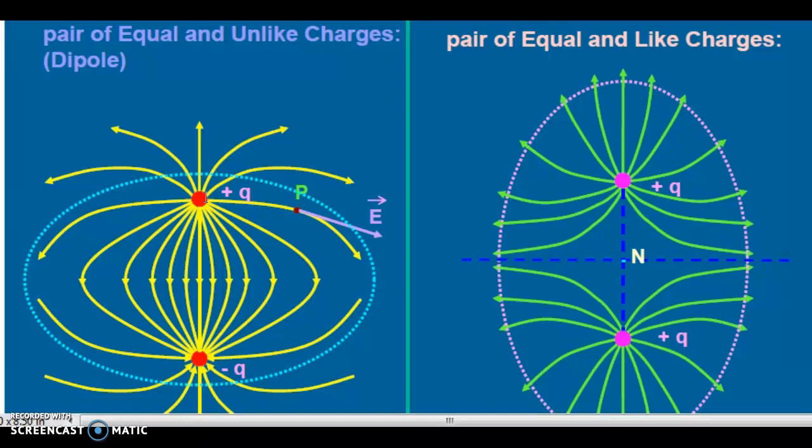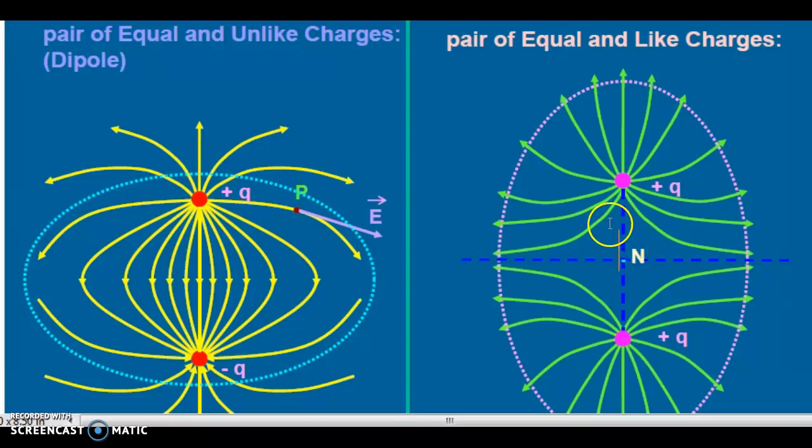They are placed a certain distance apart from each other, and on the right hand side you have equal charges plus Q and plus Q. They are separated. Here I find that on this right hand side diagram, between plus Q and plus Q, the exact midpoint is named as N. That N is an electrically neutral point, you can say.